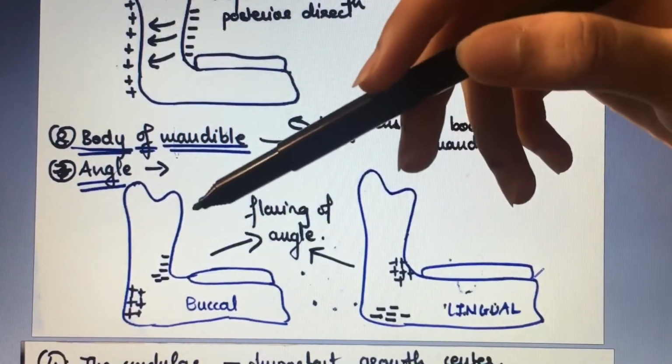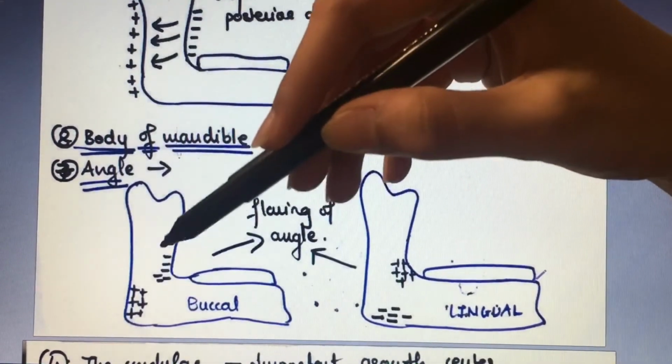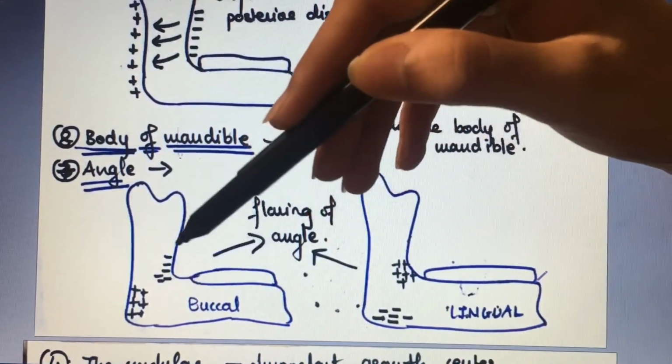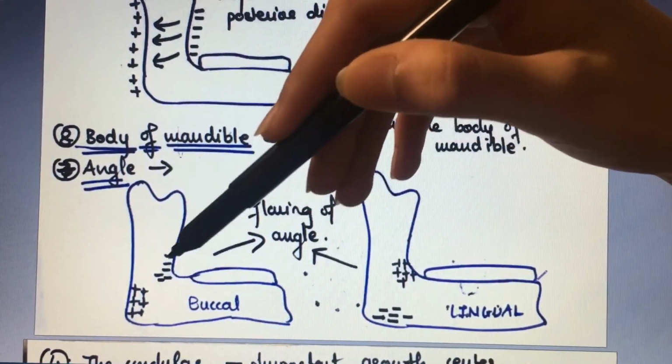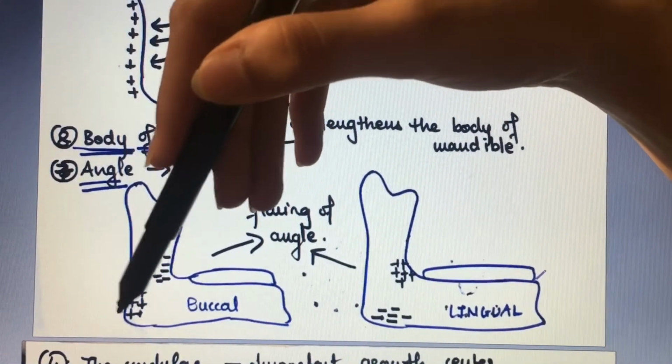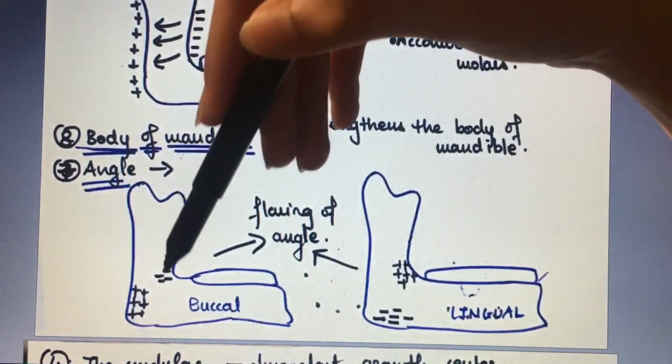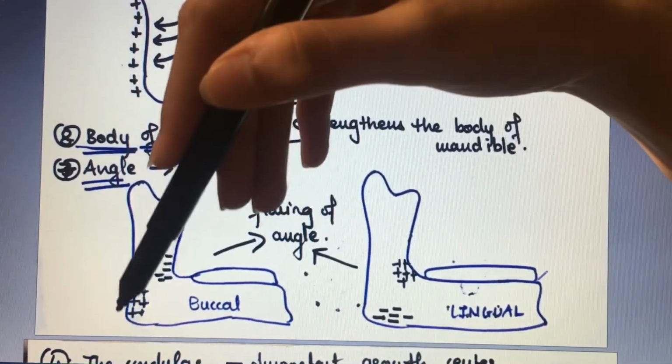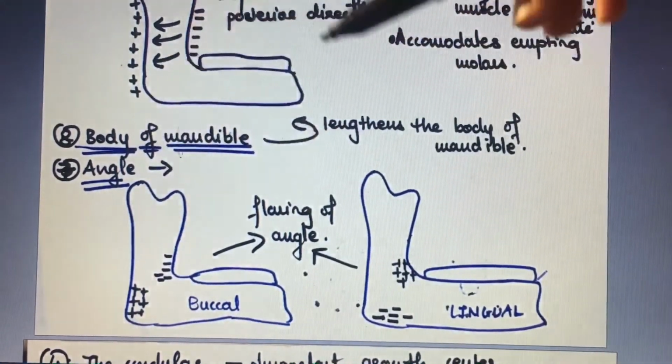In the buccal aspect, we can see that there is resorption which occurs anterior superiorly, while there is deposition which occurs posterior superiorly. This is the anterior superior part, whereas this is the posterior superior part.